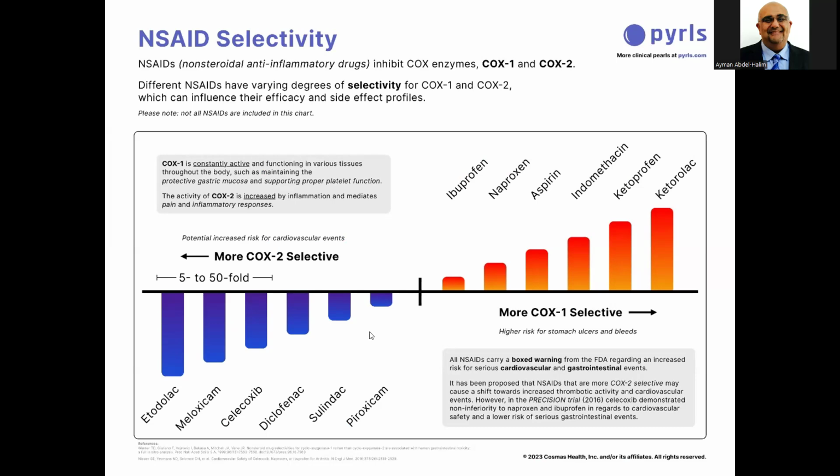You see here, the more right you go, the less selective it is. And if you go left, the more selective you are. So you see here celecoxib, for example, meloxicam. Etodolac is a very good choice. Okay.